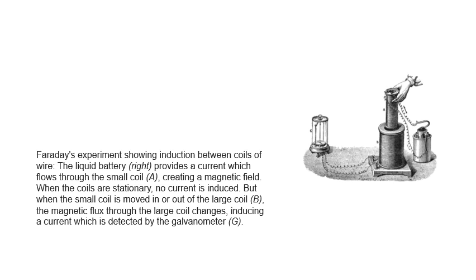First, again try to learn this. Now I'm giving you a brief of this. What is this? This is the liquid battery I have shown here. This liquid battery provides a current to the system.